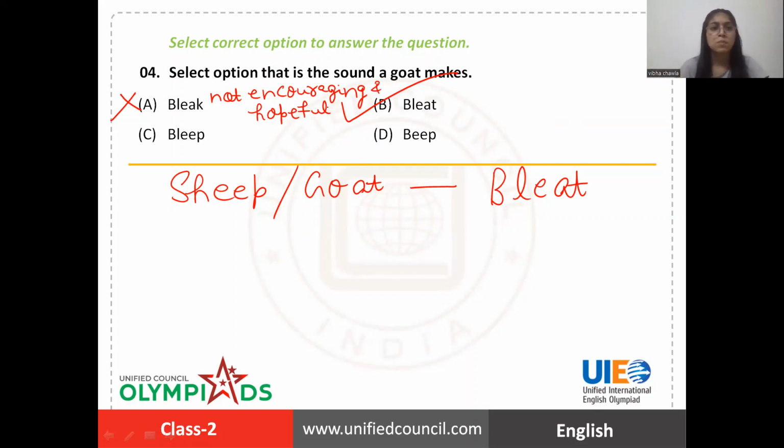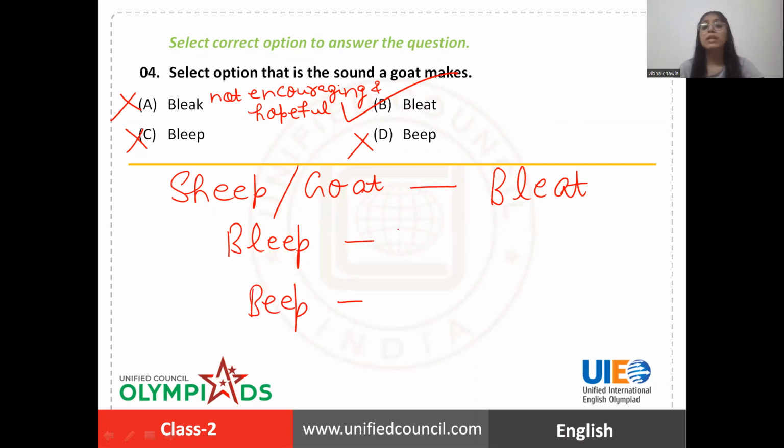If I talk about bleep and beep, what is bleep and what is beep? Bleep is the sound made by any electronic equipment. Bleep is a short, high sound produced by electronic equipment.